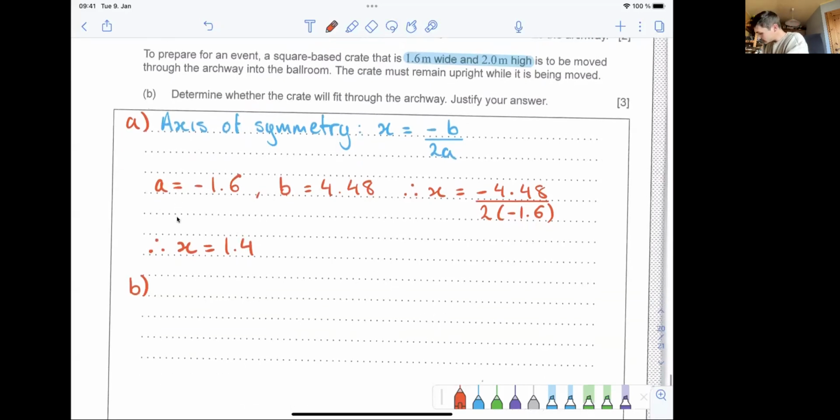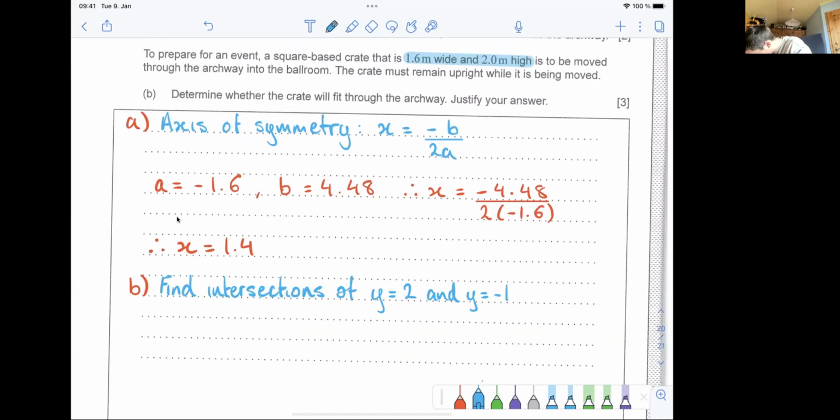Find the x-intersections of y equals 2 and y equals negative 1.6x squared plus 4.48x.